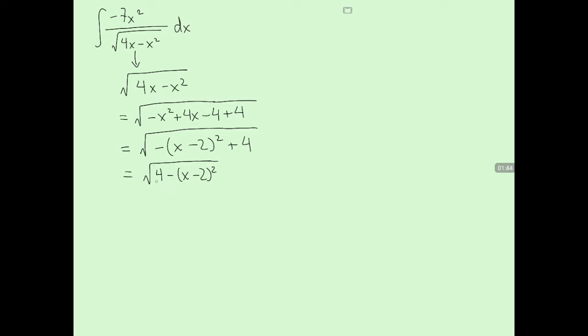Because we have it in this form, we want this 4 to be a 1. We really don't like this 4 here, so we are going to factor it out of the radical. So we are going to have 2, because that's the square root of 4, and here we have 1 minus 1 over 4, x minus 2 squared.